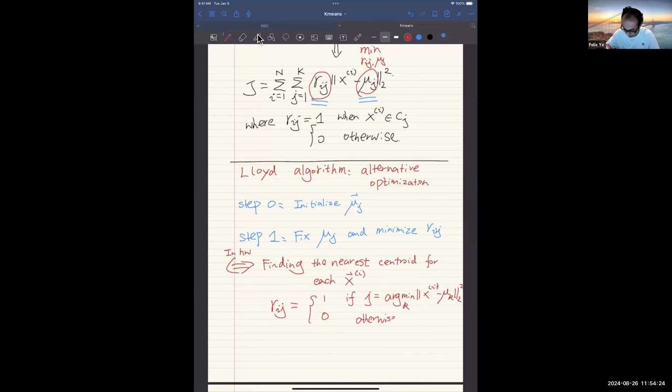It is basically saying I'm going to assign this x of I to the nearest centroid, assigning this membership to the nearest centroid, right? So that means we just make the predictions based on this mu j that you were given.